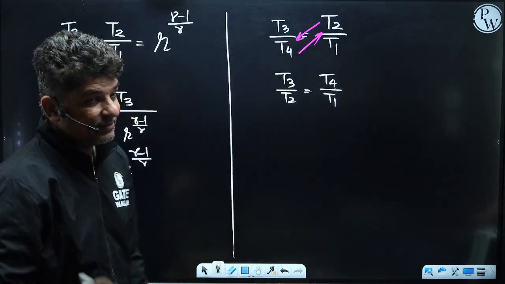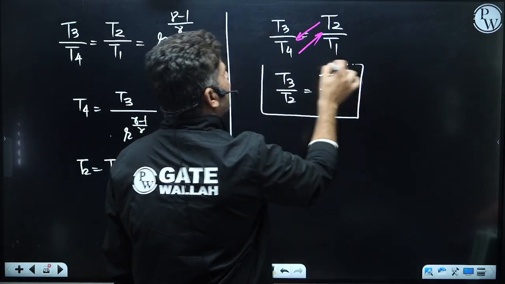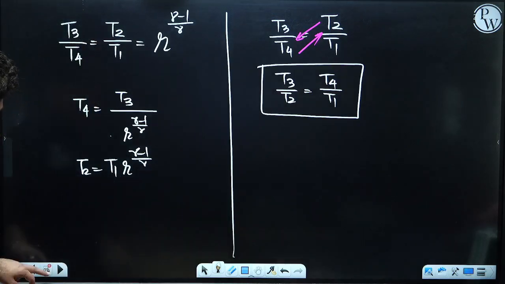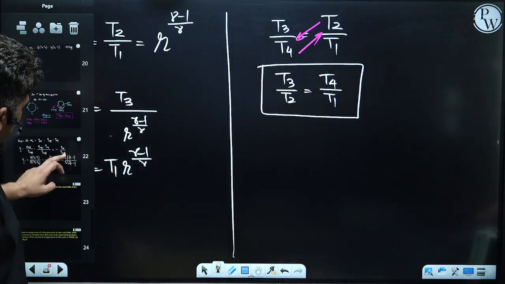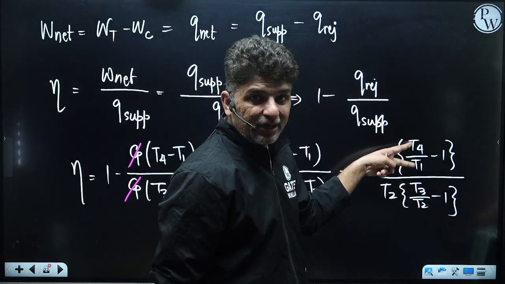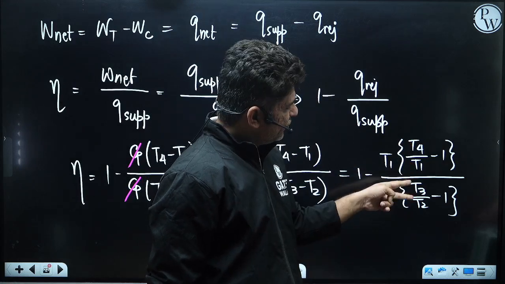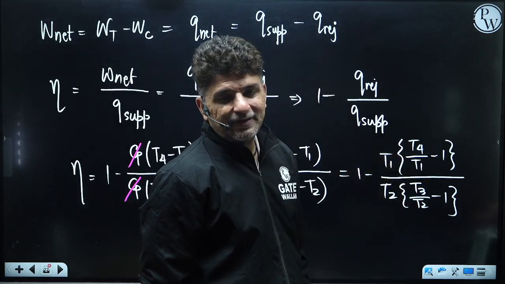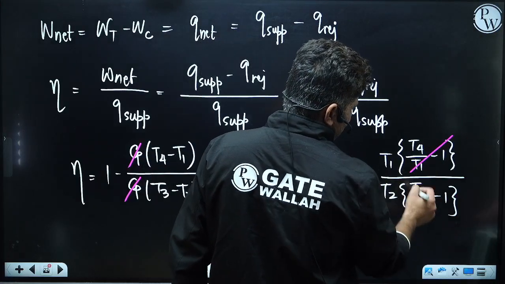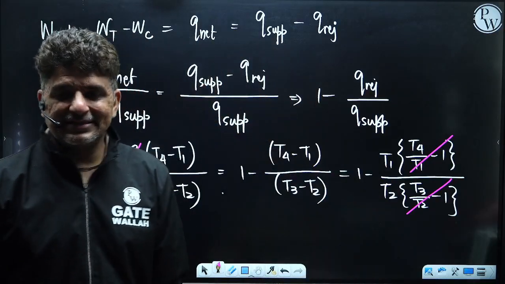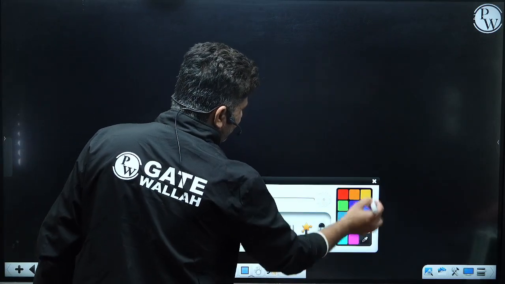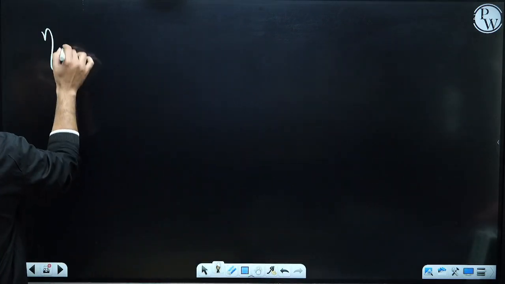See, this is very interesting. T3 by T2 is equal to T4 by T1, because the same thing you will use over here. So T3 by T2 minus 1 and T4 by T1 minus 1, these two terms become equal, so this and this you can cancel out.